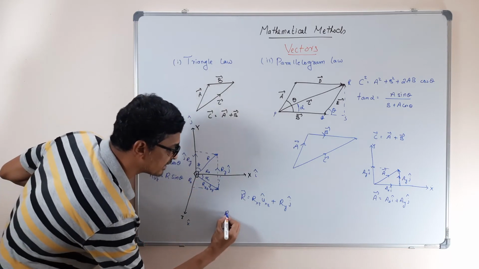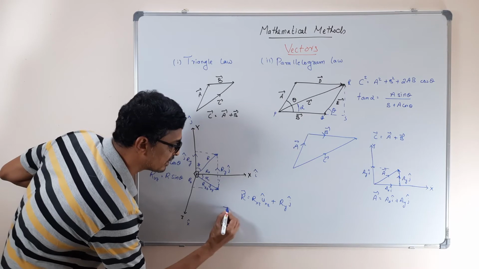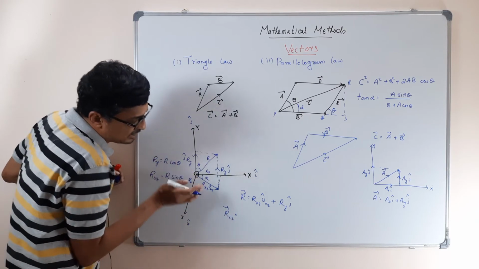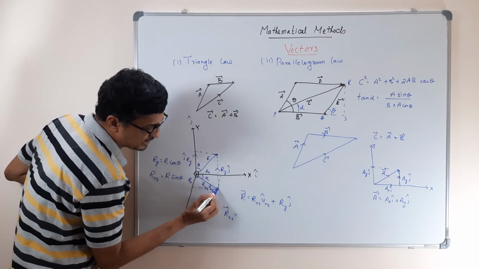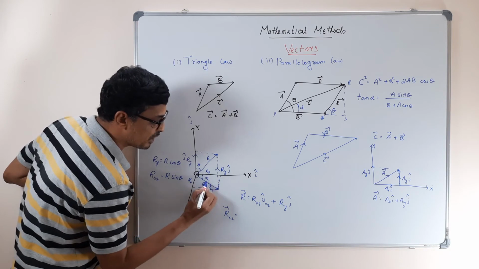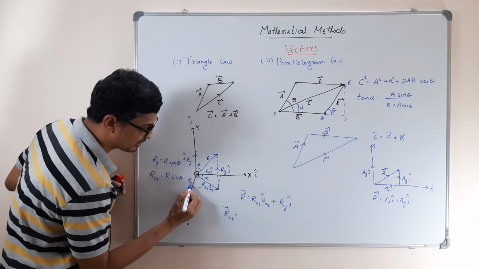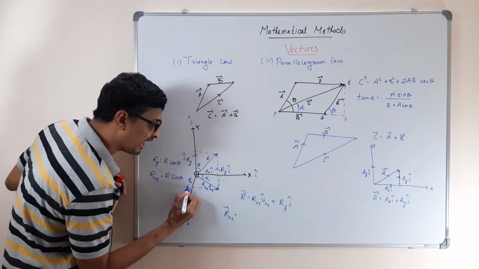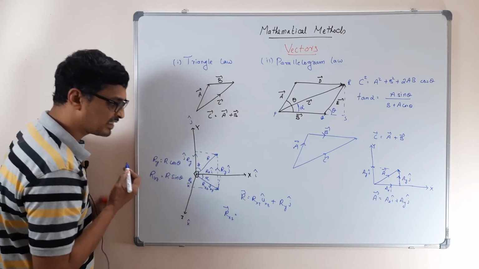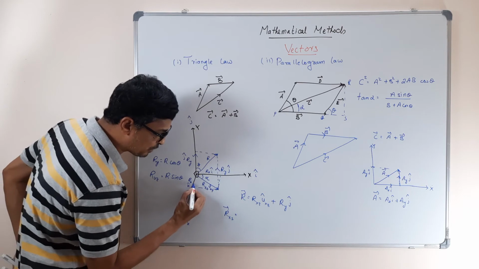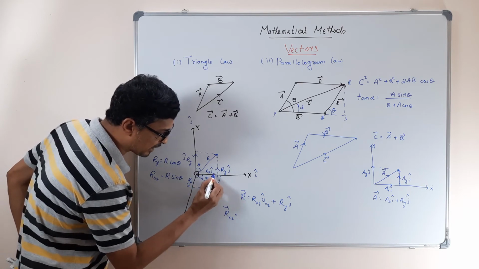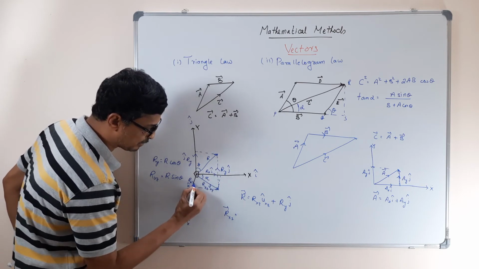Now let us take Rxz cap. So Rxz vector can be written as, now we are resolving this, correct? So this will be what? We are resolving Rx i cap and this will be Rz k cap, i j k, correct? So this vector direction will be something like this and this vector something like this.